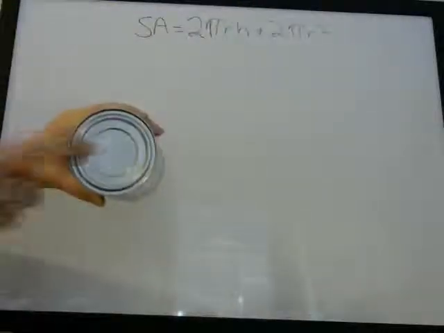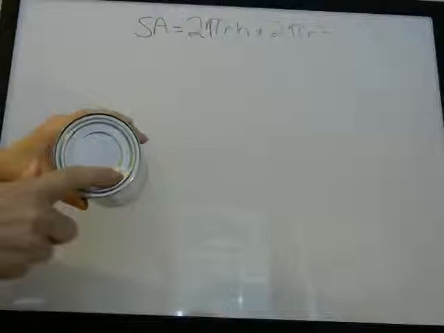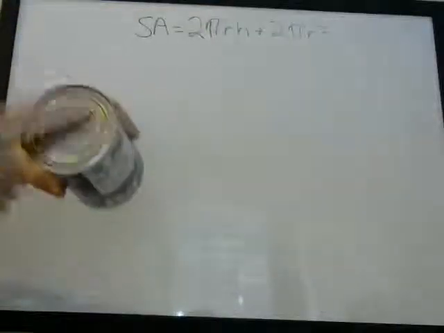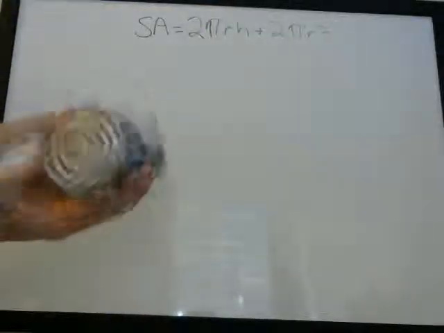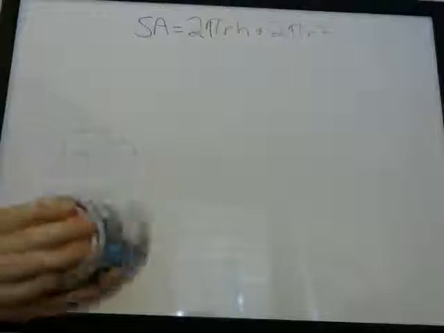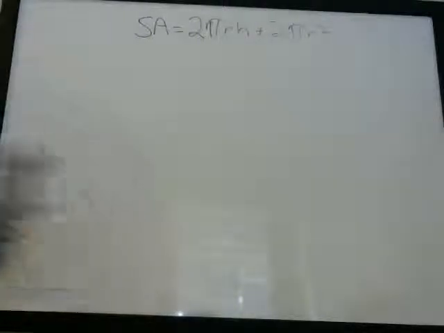If we're given the radius of this top, we can find the area of this circle by pi r squared. Why is there a 2 here? Because we have 2 circles that we have to paint. So pi r squared is the area of the top. We're multiplying it by 2 because we have 2 of them. That's what this part of the formula means. It's the top and the bottom of the cylinder.